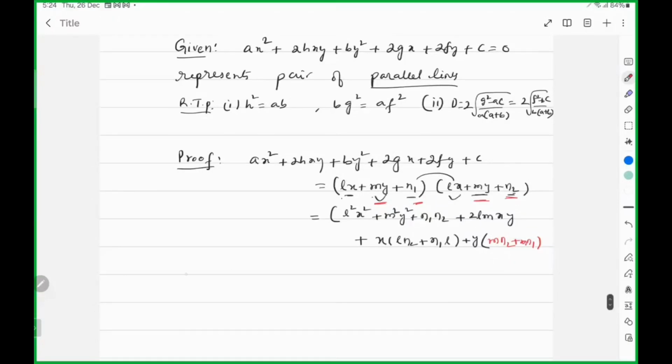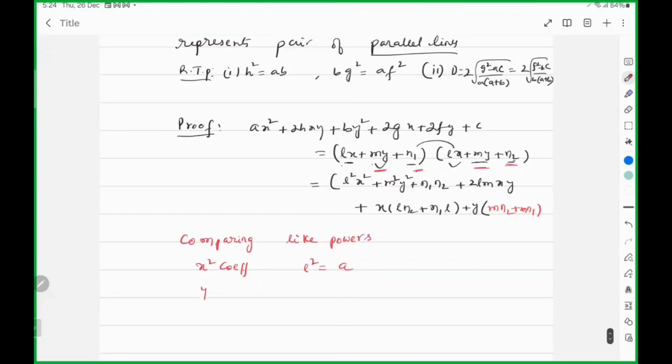Now comparing like powers. x square coefficients, if you compare, L square is a. y square coefficients, m square is b. xy coefficients, 2lm, here 2h.